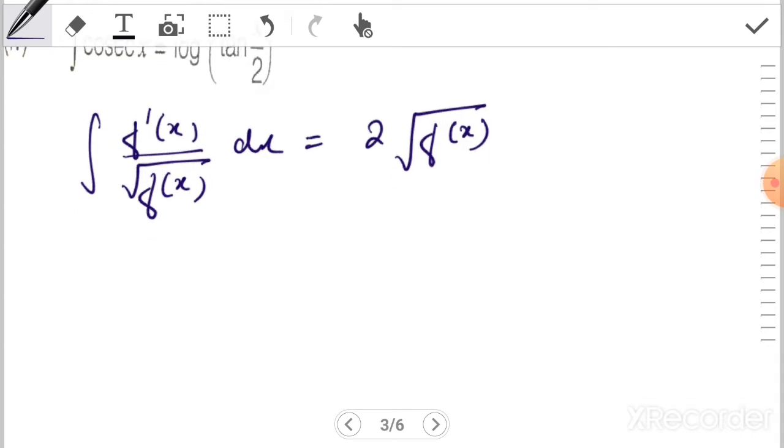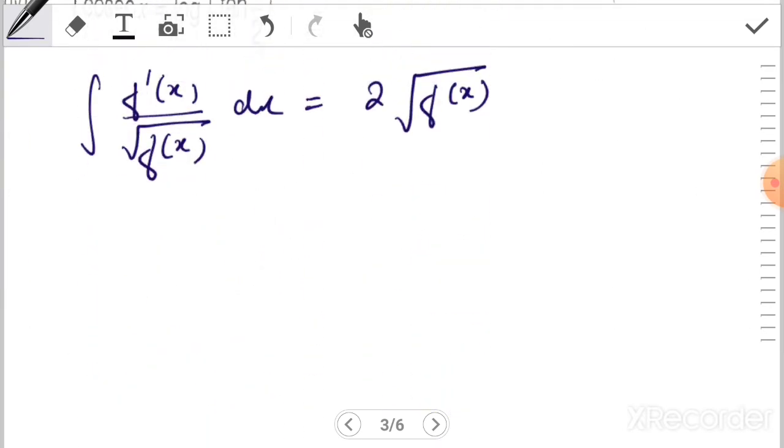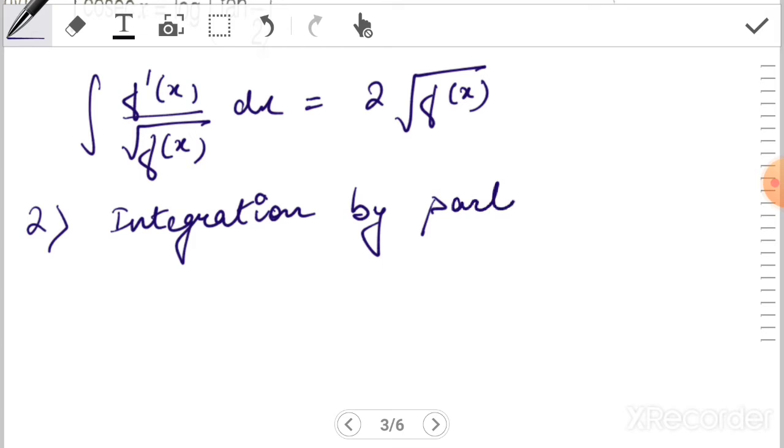So now the second method of integration is integration by parts. Okay.